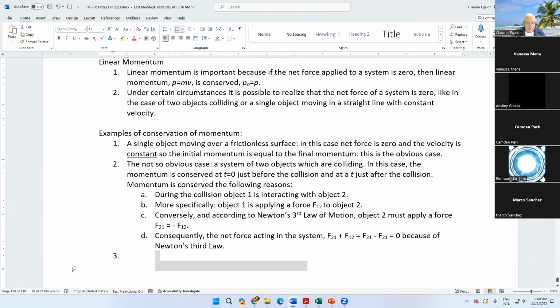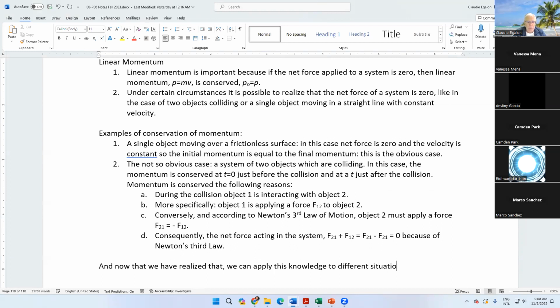Now that we have realized that, we can apply this knowledge to different situations.